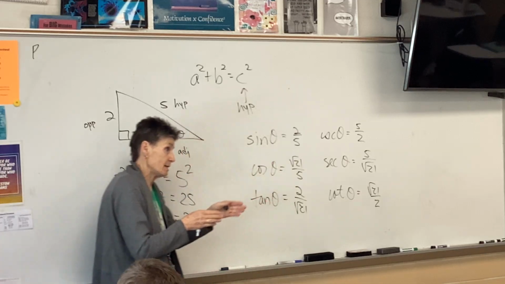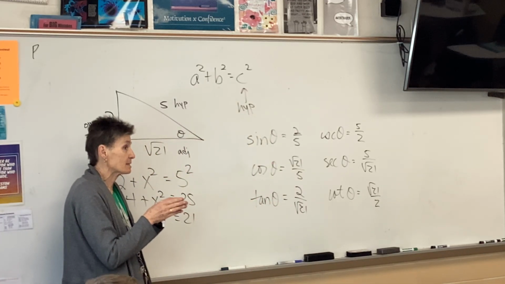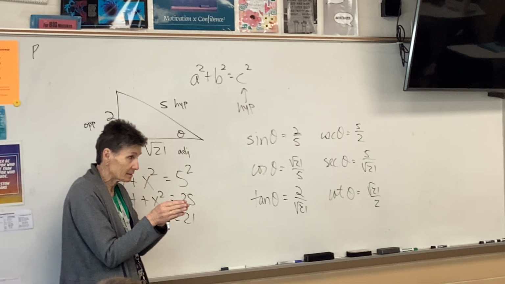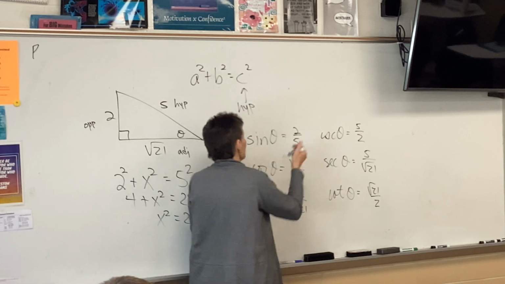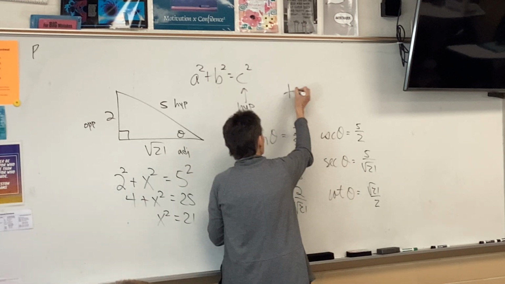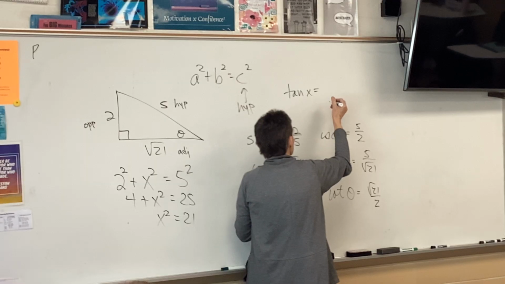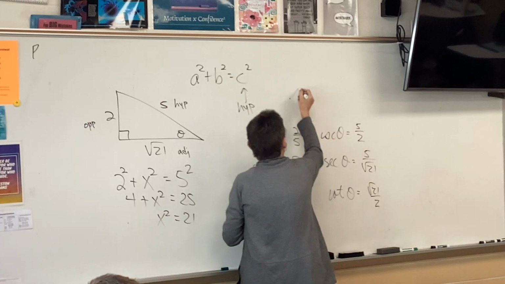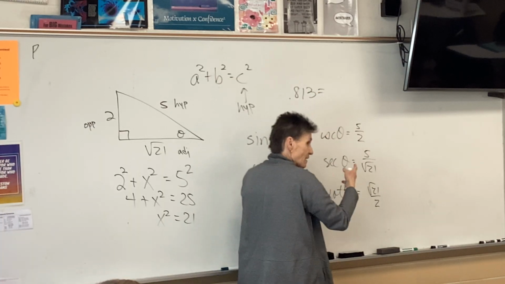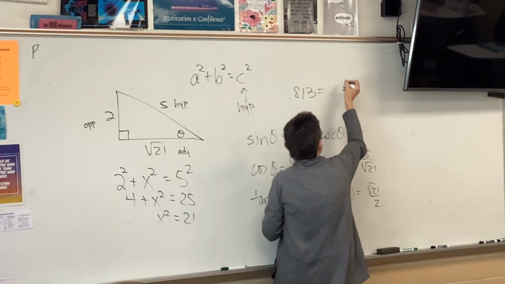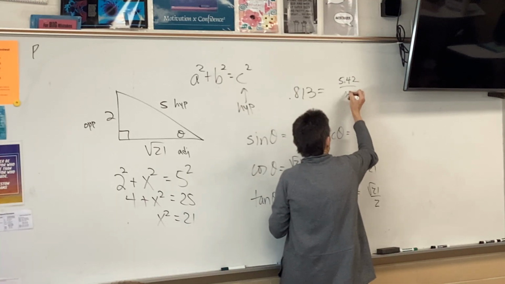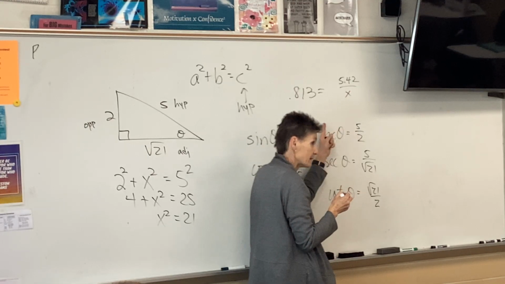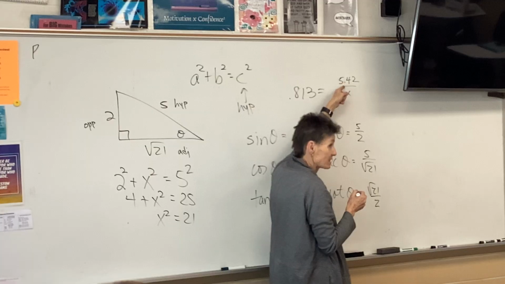The other reason, and I think one of the primary reasons, is that before calculators, all of this had to be done by hand. If we had a problem that said the tangent was, let's say, 0.813, and we need that 0.813 is 5.42 over x, if we use the tangent, then this is what the problem would look like, and we would end up having to do this division.